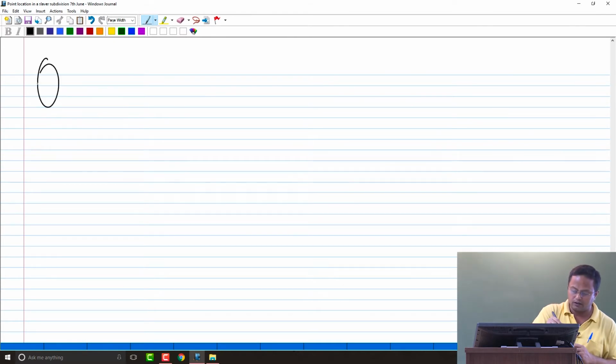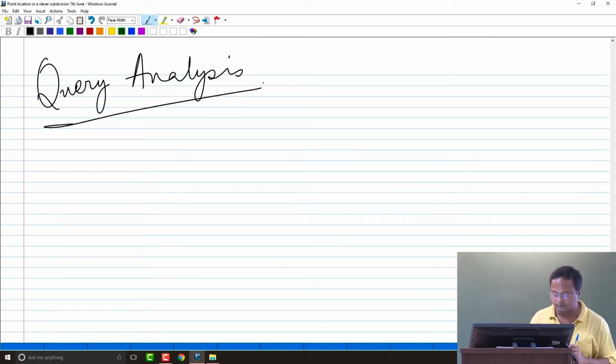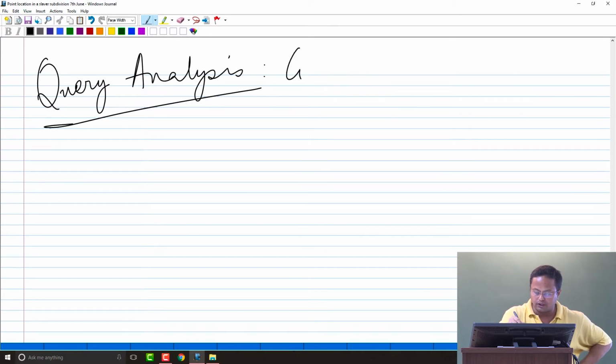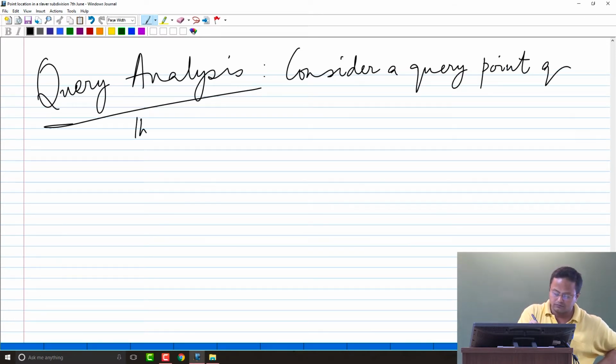Now, about the query analysis, that would finish the game. So, consider a query point Q that say has been fixed by an adversary.